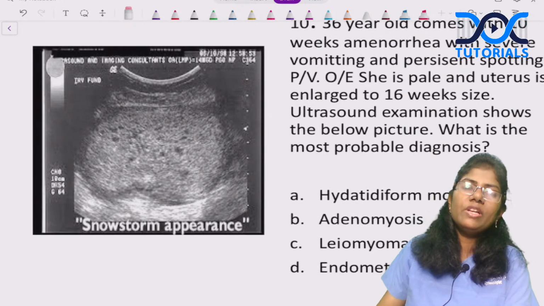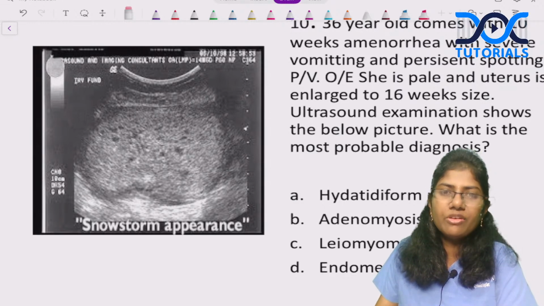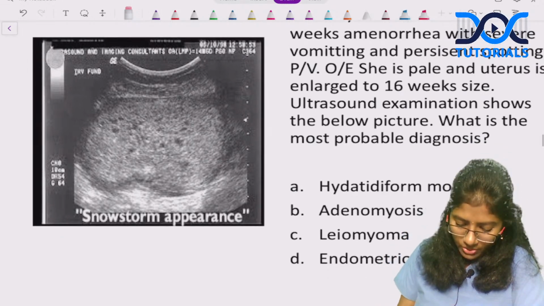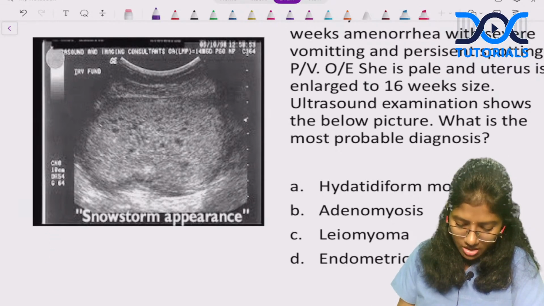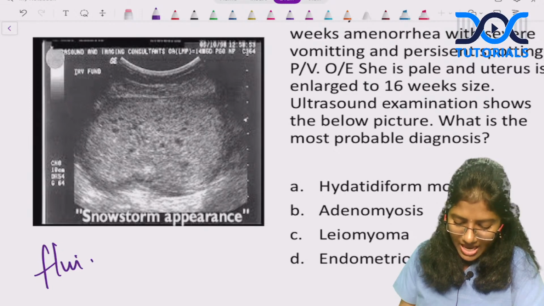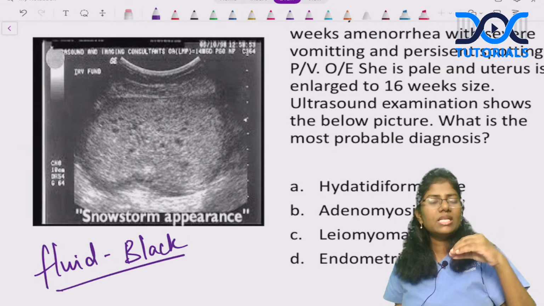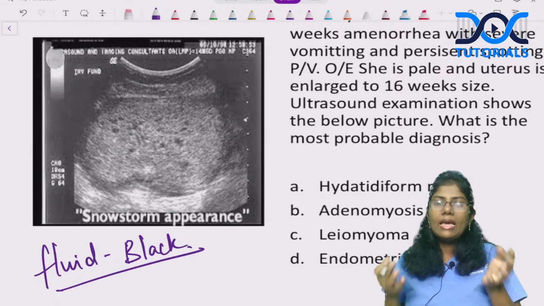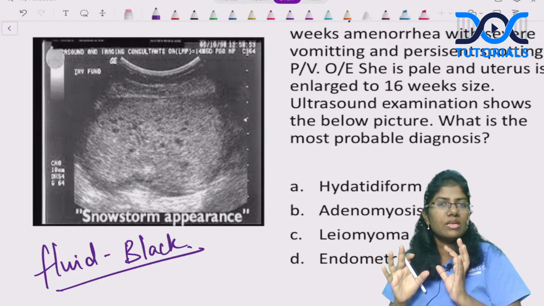So what will fluid appear like in ultrasound? Will it be hyperechoic or anechoic or hypoechoic? Yes, fluid usually appears black in ultrasound. So here, because the vesicle has fluid inside it, the vesicle is white and the fluid inside appears black, and the adjacent structures appear gray.